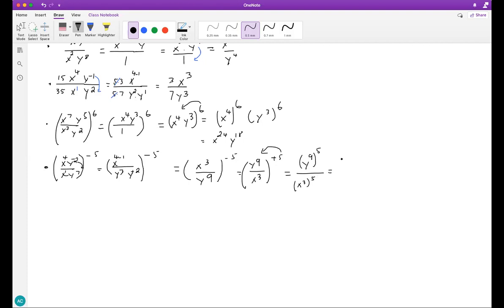So this is basically y^45. So again, we have to multiply these, 45 over x^15. And that's your final answer.